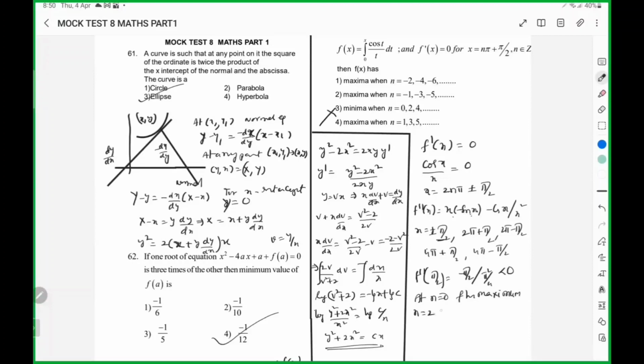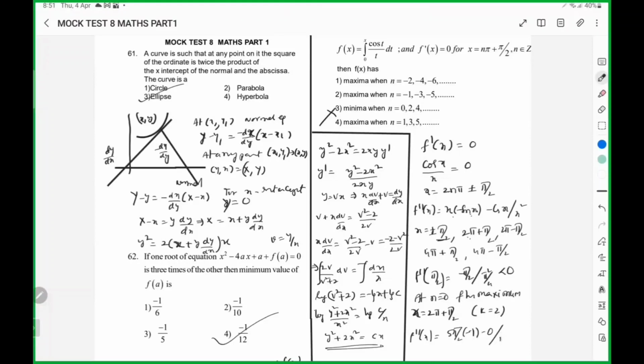For n equal to 1, x is 2 pi plus pi by 2, that is 5 pi by 2. F double dash x will be 5 pi by 2 into minus sin of 5 pi by 2 which is 1, cos 90 is 0.